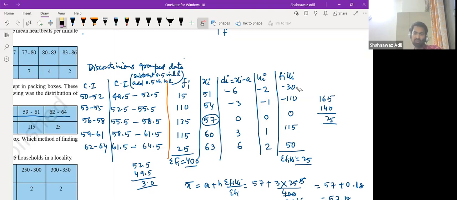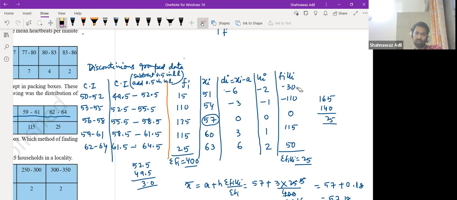The mean is over. Mode and median are left. So mode and median both will take one class. Then after this, you will take probability. Probability will also take one class. So then your syllabus of the exam would be completed, right?